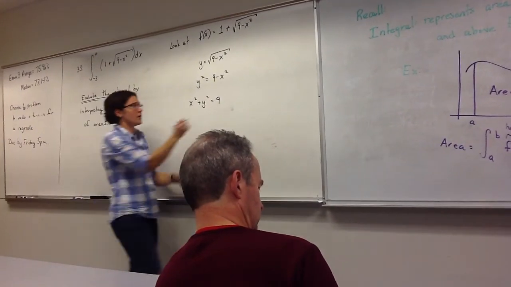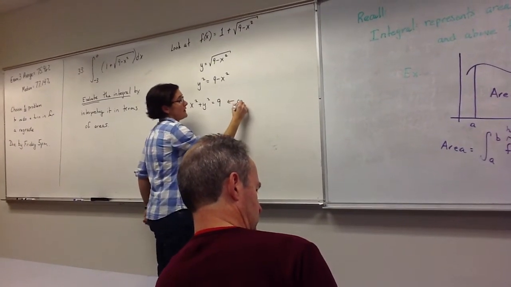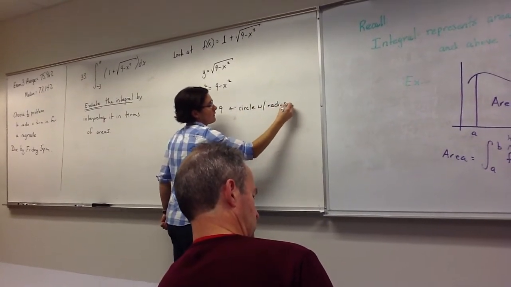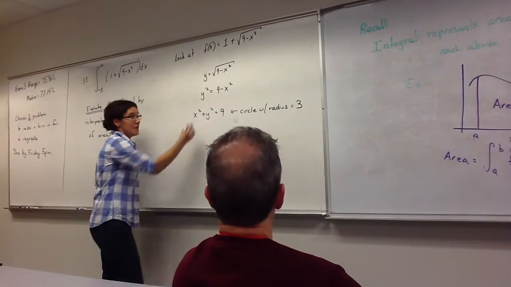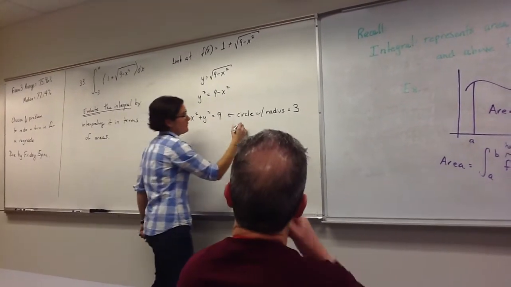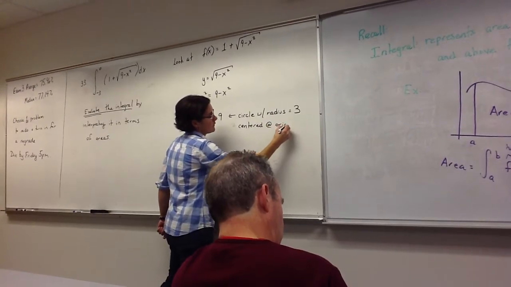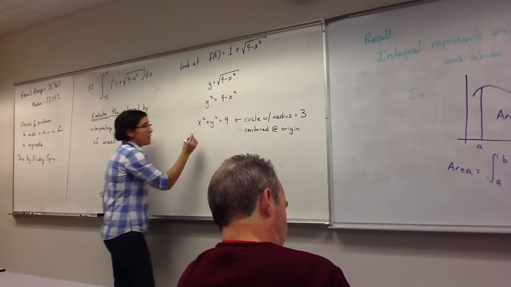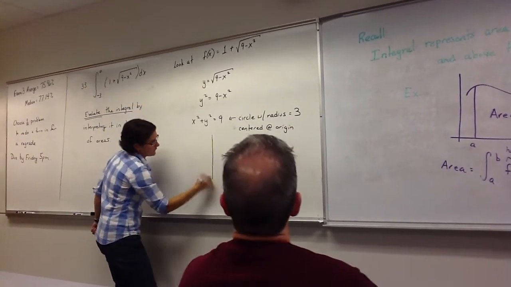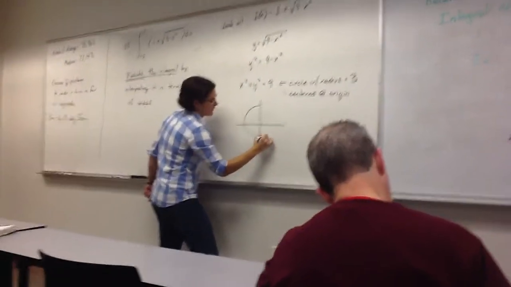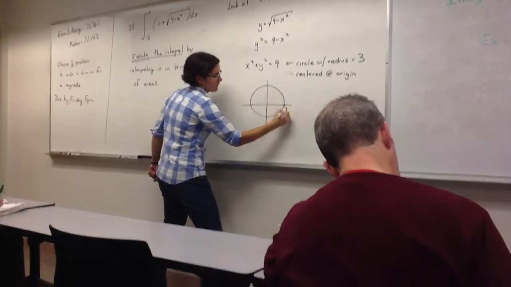So this is a circle with radius 3, centered at the origin. A picture of x squared plus y squared equals 9 looks something like this.